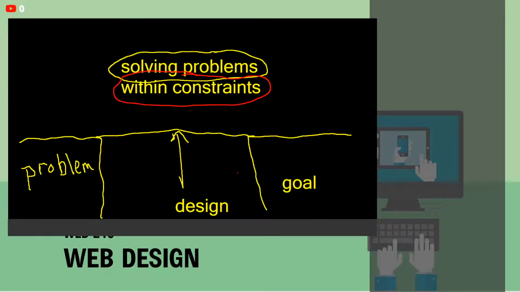Because those first few months revolved completely around determining the problems, figuring out who the stakeholders are, figuring out what the stakeholders need, and trying to come up with solutions that we could implement to solve these problems. So at the core of design, our working definition of design is this idea that we are solving problems within constraints. And it's a big one.